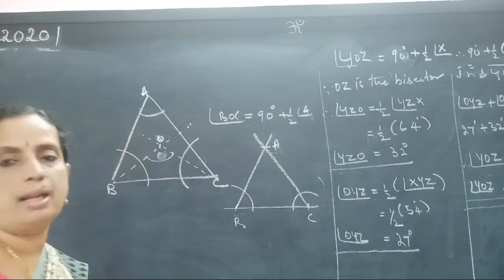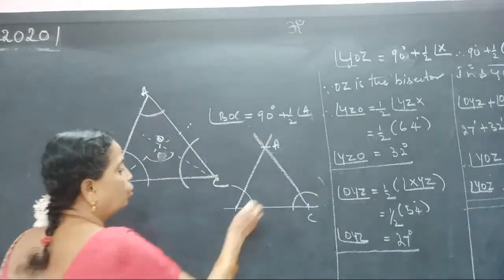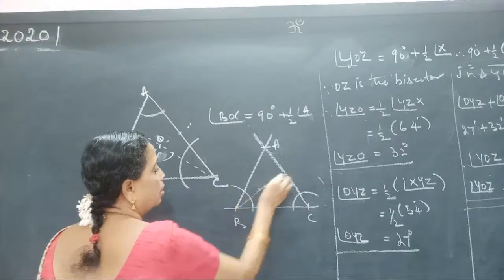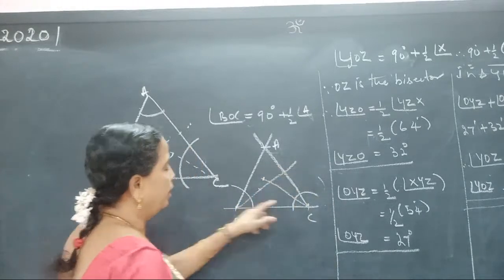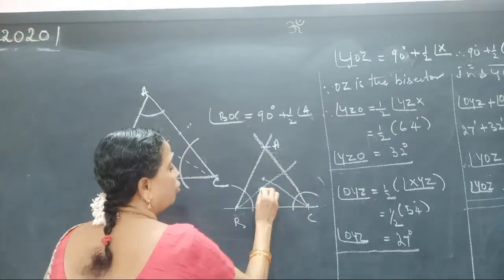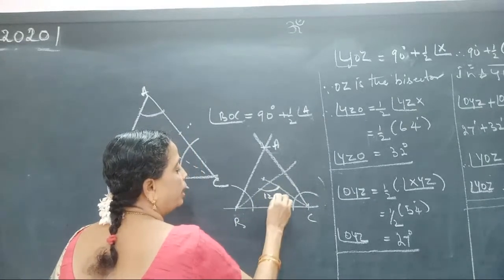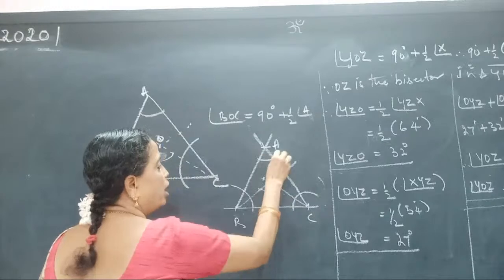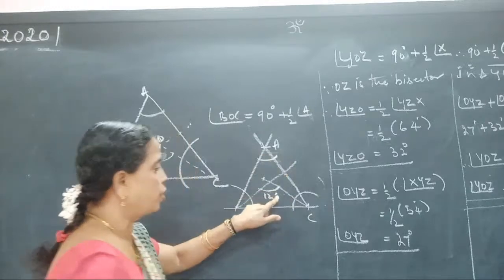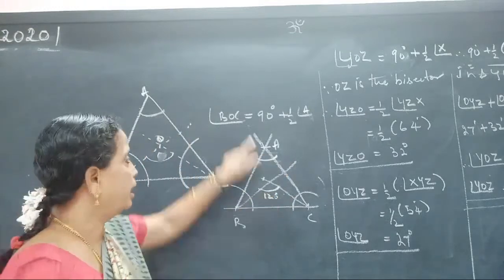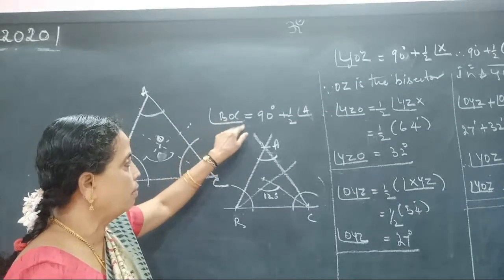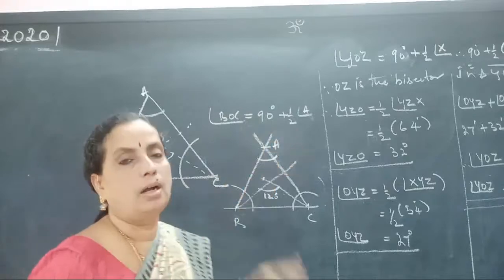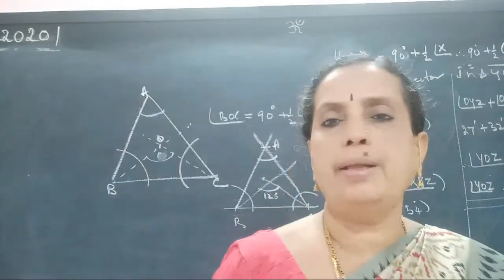It is an equilateral triangle. Now do the bisector, again the bisector is already 30, 30, 60. This will be 120. So when you measure BOC, it should be 120. Satisfying this relation, angle BOC equals 90 degree plus half of angle A.